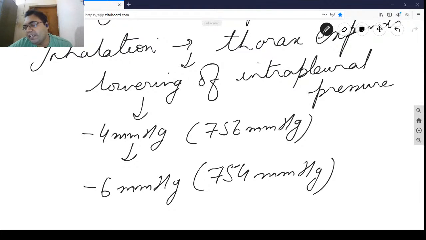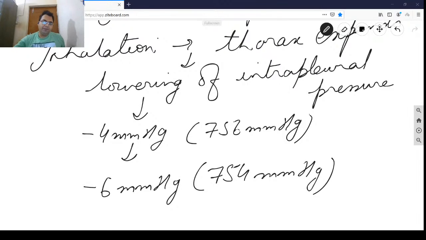Consequently, the transpulmonary pressure or the transmural pressure will increase or not? Because transmural pressure was the pressure difference between the alveoli and the intrapleural pressure.